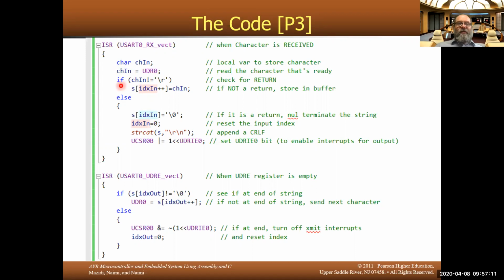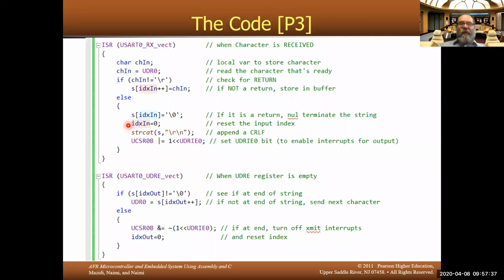When the character typed in is a return, I go to the else part here. I terminate that character with a null, just to be polite, and I reset index in to 0.